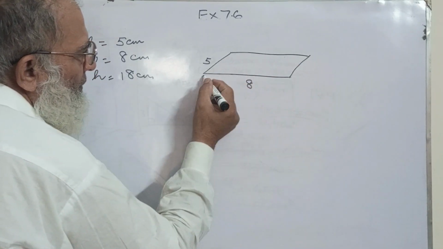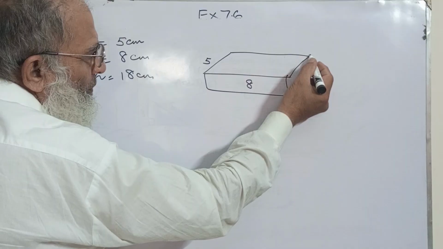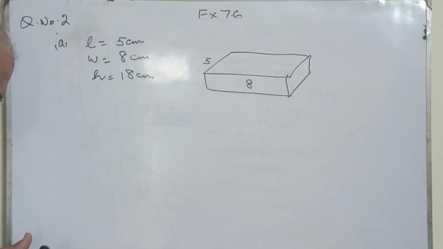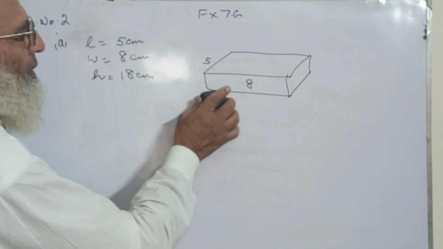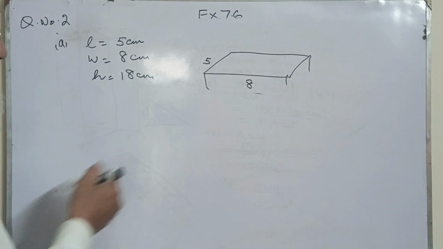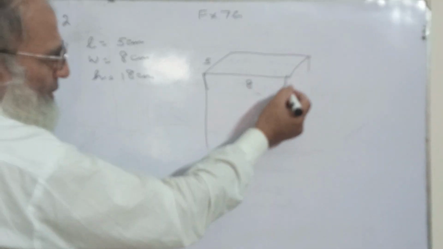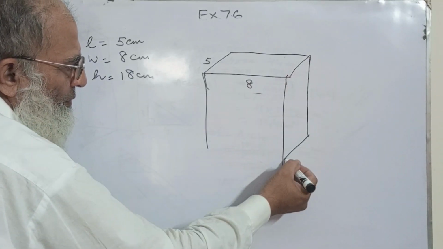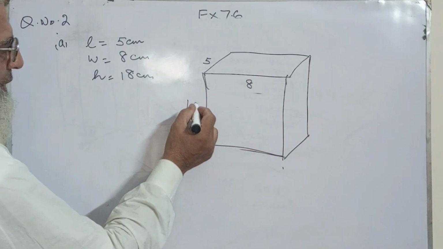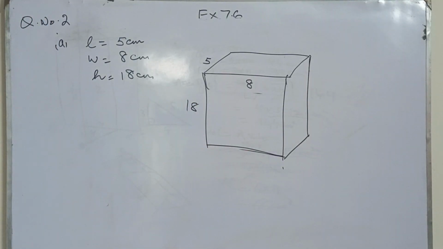Now, this is our cuboid. Rather, it is much more than that, because this is 18 centimeters. So this is our cuboid. Now what we have is 6 figures, 2 of each kind.